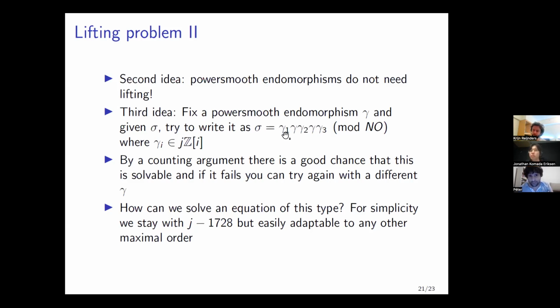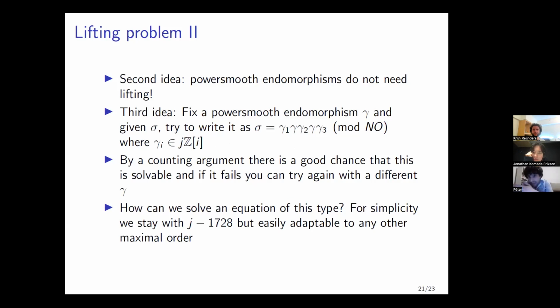So you want gamma i to be in J times Zi, but you put this fixed gamma in there. So this is gamma 1, gamma 2, gamma 3, something that you can lift. So those are something that you can already lift.